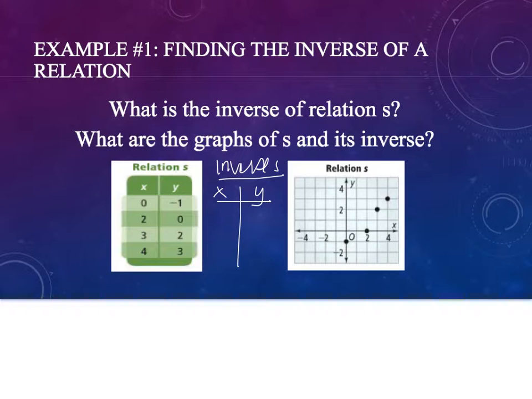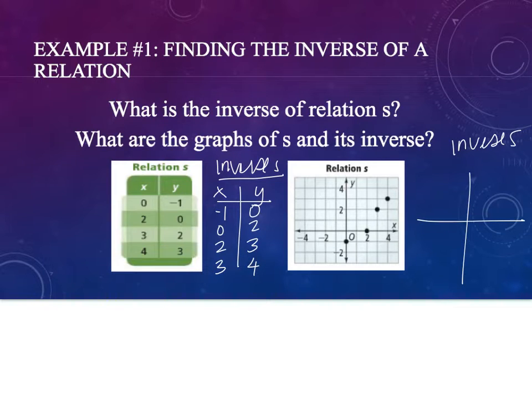All the y values are now x values, so that'd be -1, 0, 2, and 3. And all the x values are now y values, so that'd be 0, 2, 3, and 4. Literally, they switch positions. If this is the original graph of the relation S, then the inverse S graph I'm just going to graph on the same axes so that you can see what happens. -1, 0 is here. 0, 2 is here. 2, 3 is here.